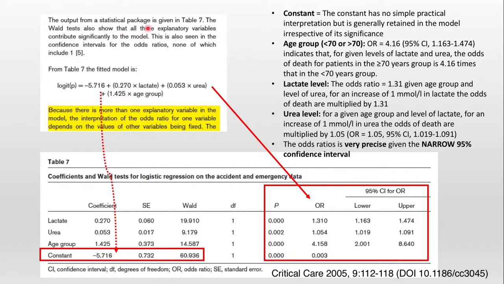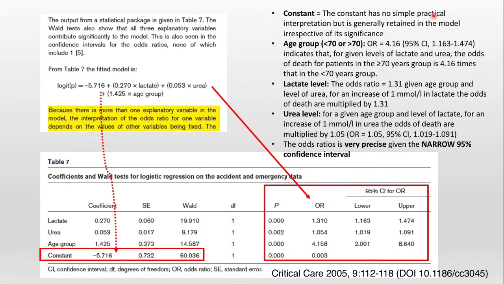Then they entered this into statistical software, and these are the results they came up with. You interpret them the same way in terms of the odds ratios. These are results when you control for all the other variables included in the model.